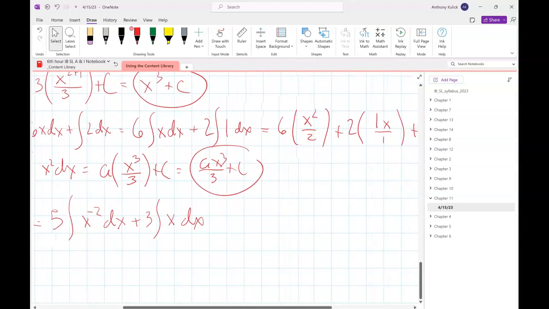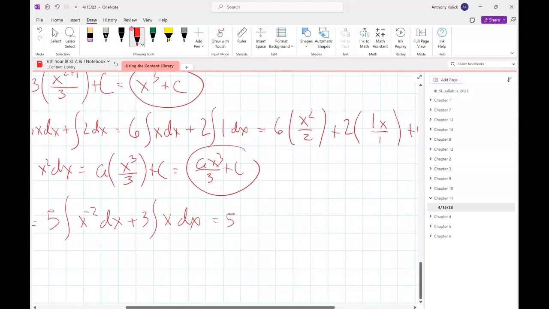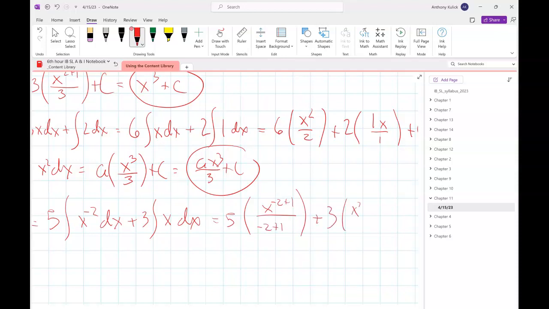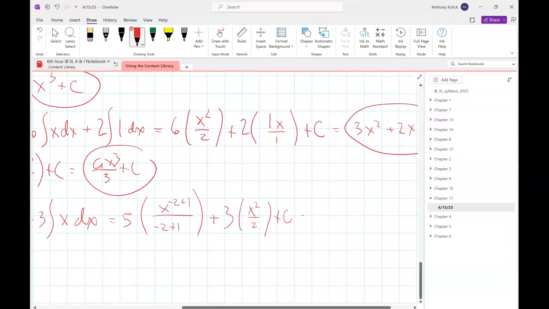All right. So when I do the integral of negative x to the negative 2, I'm going to end up with negative 5 over 2, and then that's x to the negative 1. So maybe I put it back there. I could also just write it as x to the negative 1.